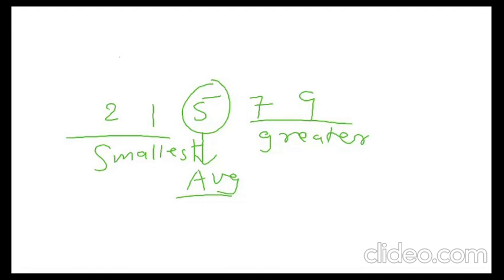Fine. So in asymptotic notation there are 3 notations: theta notation, omega notation and big O notation. Let me just show you.